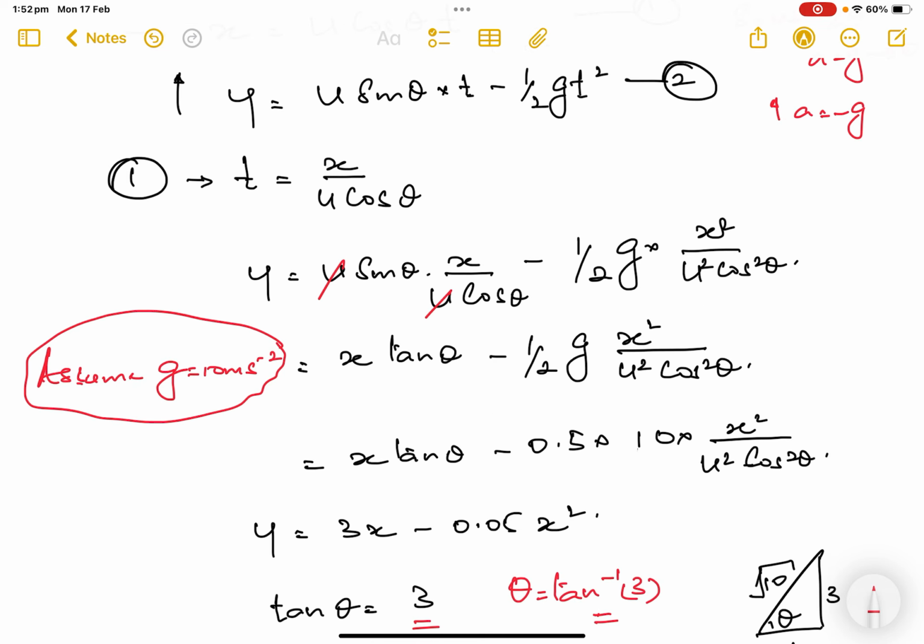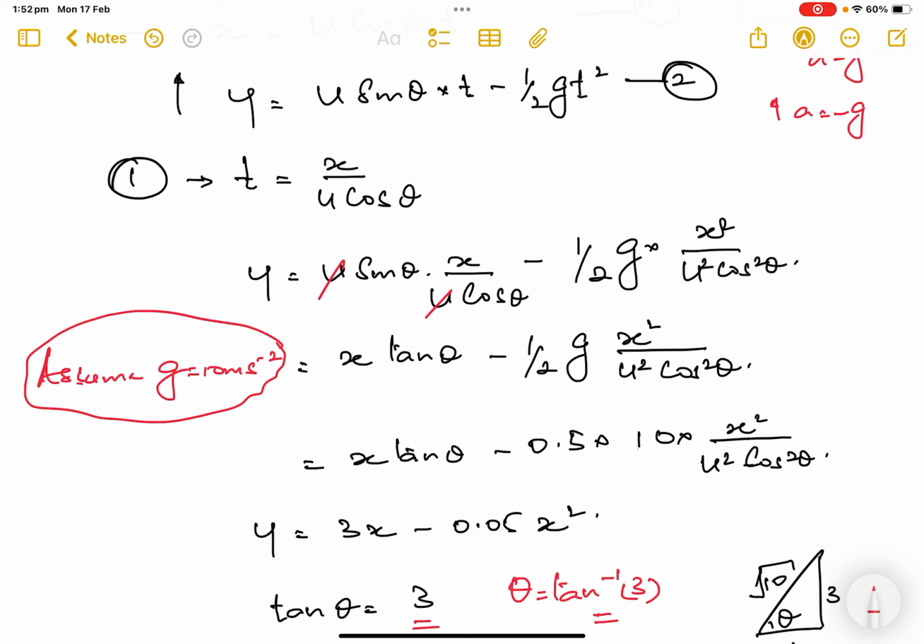So here y equals x sin theta over cos theta, which is x tan theta, minus half g x squared over u squared cos squared theta.